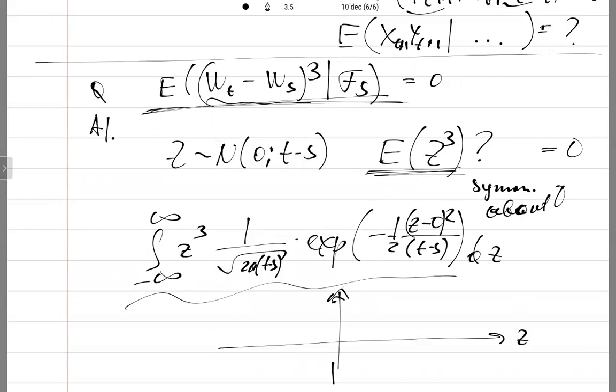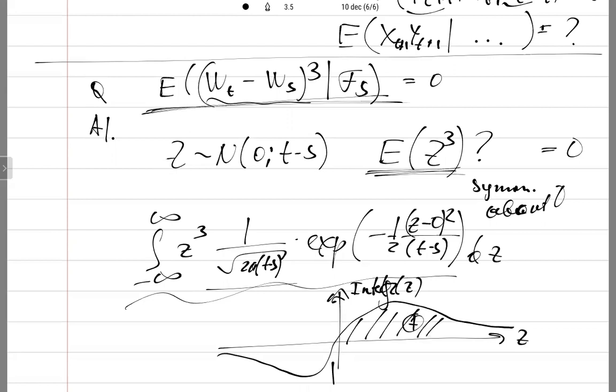So this is z and this is the integrand. It looks something like that. If you'd like to calculate the total area, that part of the area would be counted with plus, and the symmetric part of the area will be counted with minus. They are equal because the function is symmetric, and so it's 0.